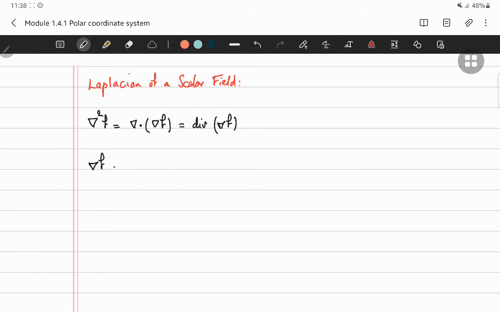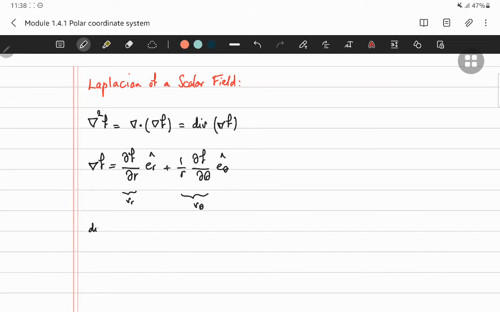So del f is equal to the partial derivative of f with respect to r, and of course, f is a scalar field, e_r plus 1 divided by r, partial derivative of f with respect to theta, e_theta. So here we have to calculate this divergence, and this is a vector. We already know this. So this is V_r and this is V_theta.